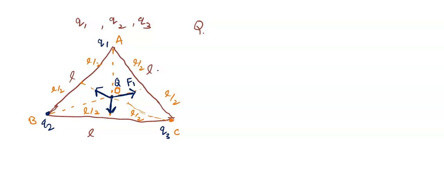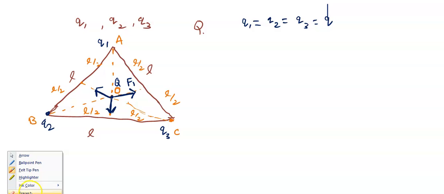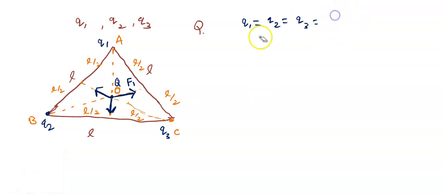Okay, and it is mentioned in the question that Q1 is equal to Q2 is equal to Q3, and that is equal to small q. It is given in the question that they all are equal. Now if it is given, then what can you say about the force acting due to charge Q1, Q2 and Q3 on O?